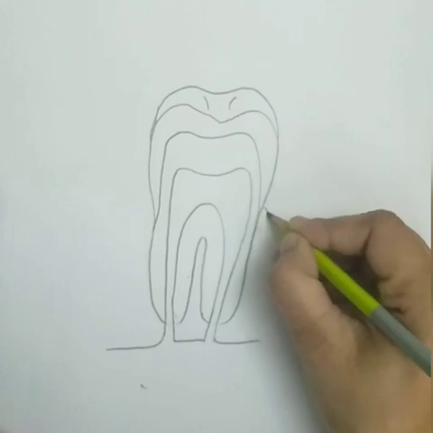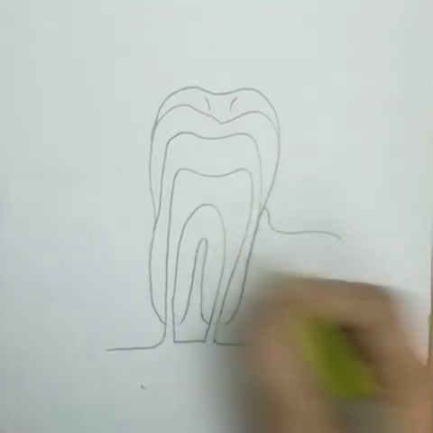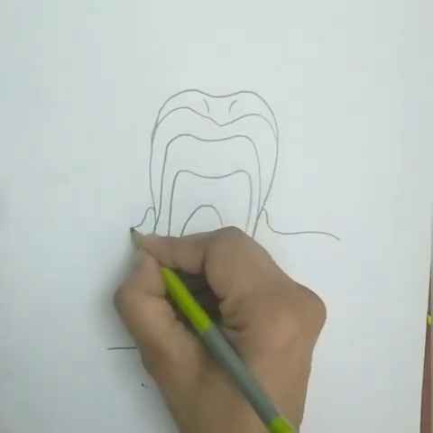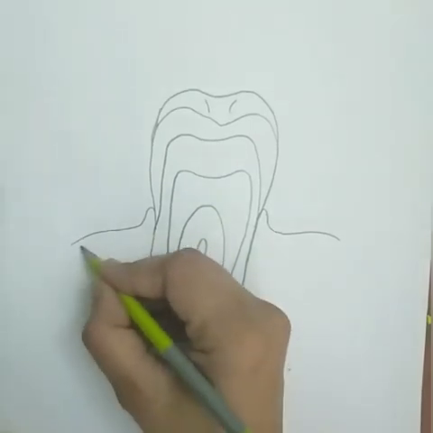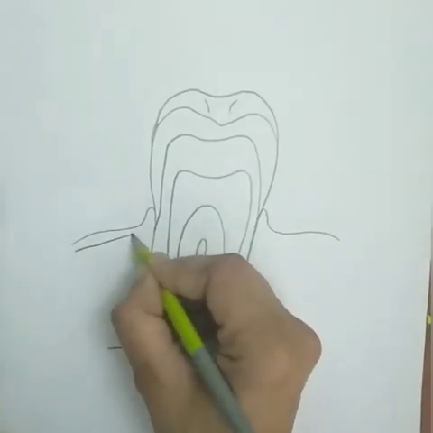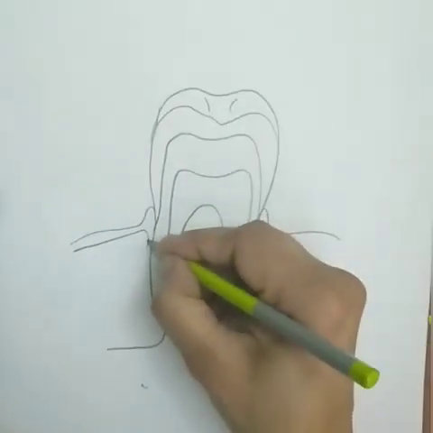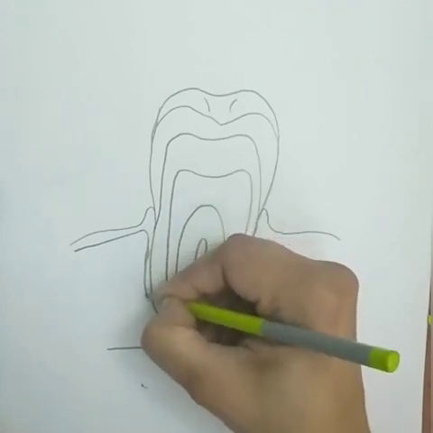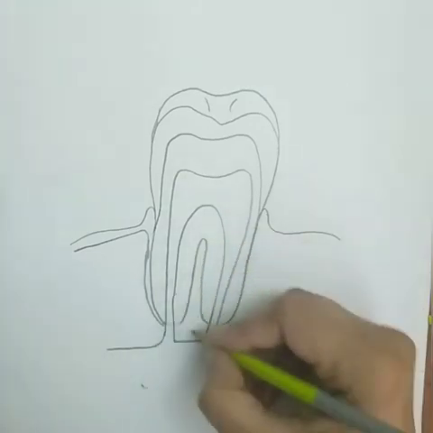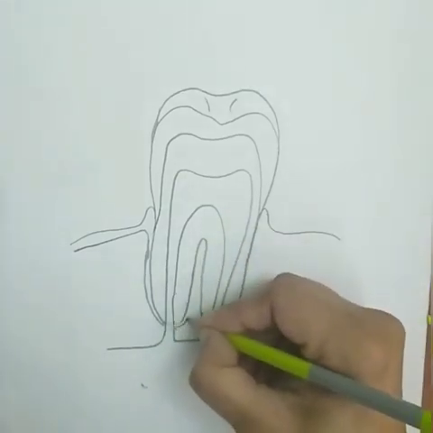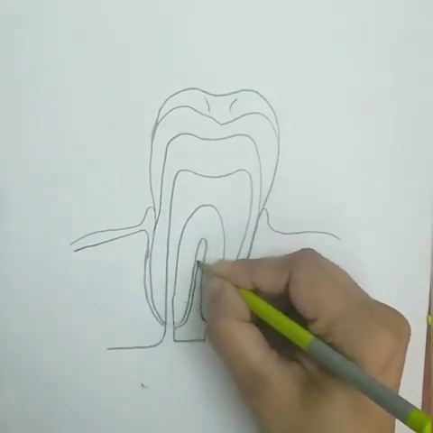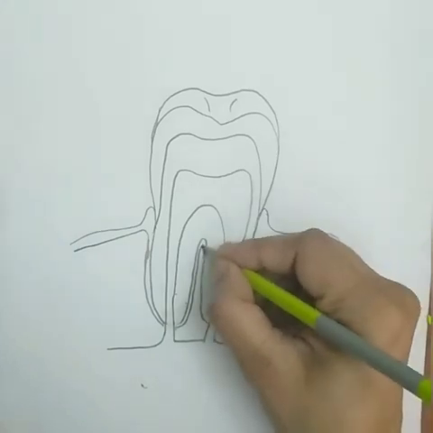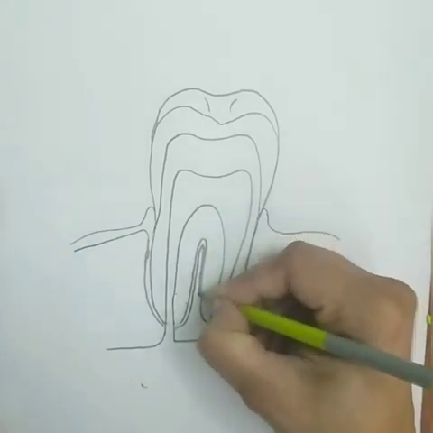From here we'll draw gums. And here we'll have cementum. We'll draw along the picture.